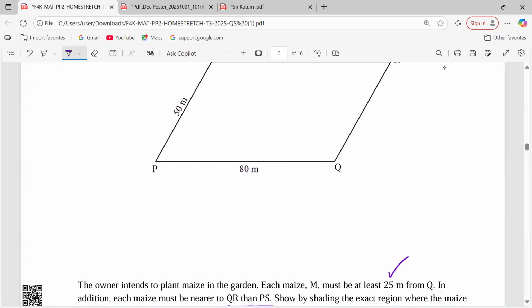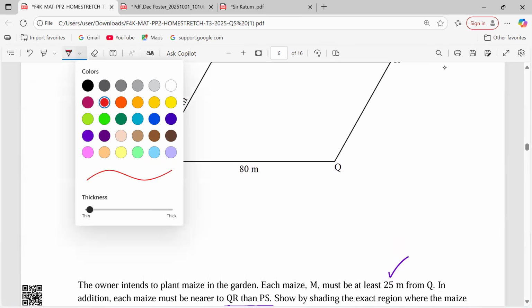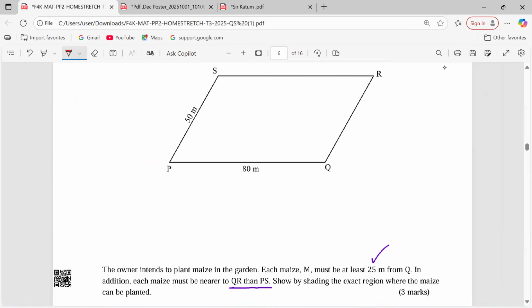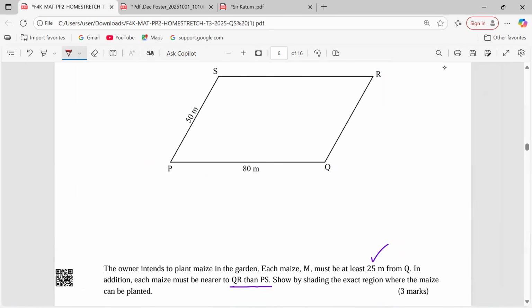When you stand at Q, maize should be 25 meters and beyond, meaning that we shall use an arc length. We stand at Q using an arc length according to the scale which has been used.